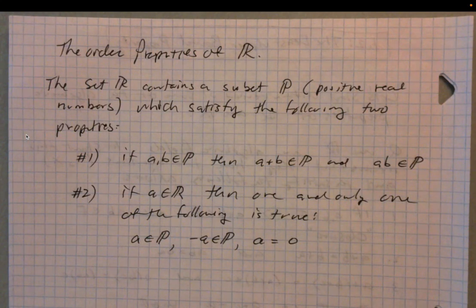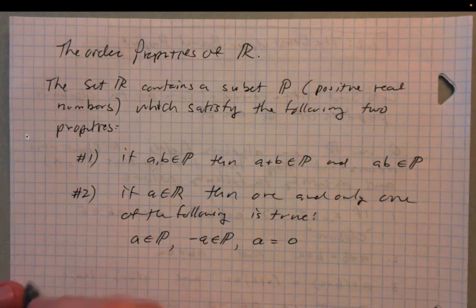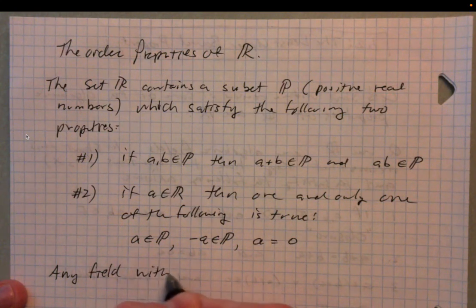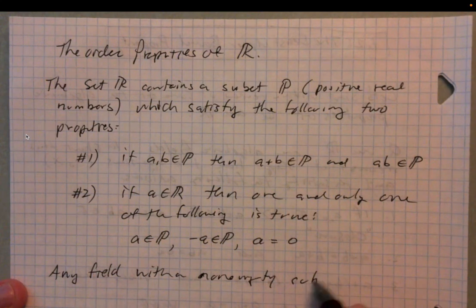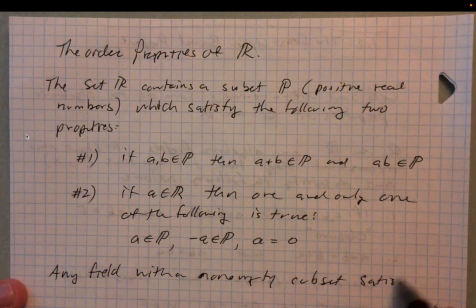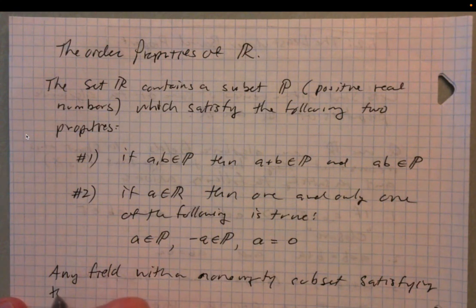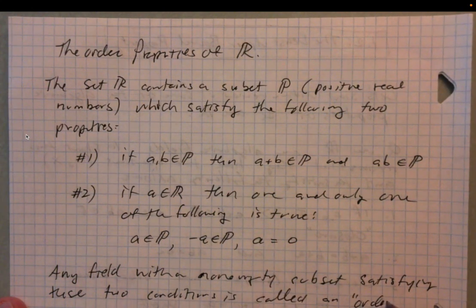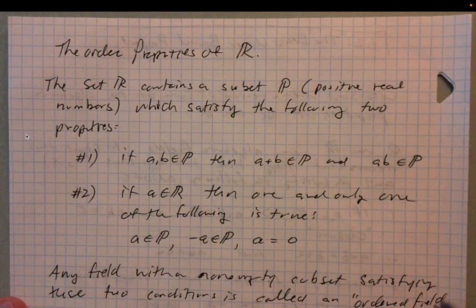Now, any field which contains a non-empty subset satisfying these two is referred to as an ordered field. So any field with a non-empty subset satisfying these two conditions is called an ordered field.